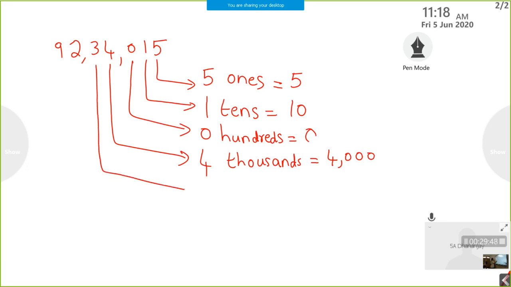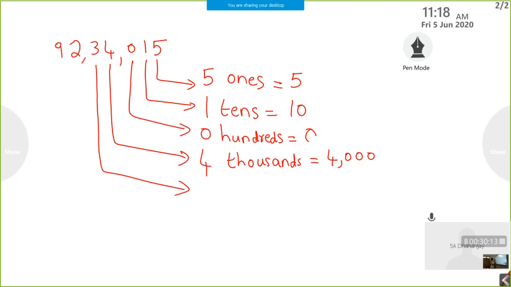Similarly, we will move to the next digit, 3. 3 belongs to which place? To write the place values, the number name, the numeral, we should know the place of each digit and the period of each digit. Now 3 belongs to which period? 3 belongs to the thousands period, the 10,000s place.